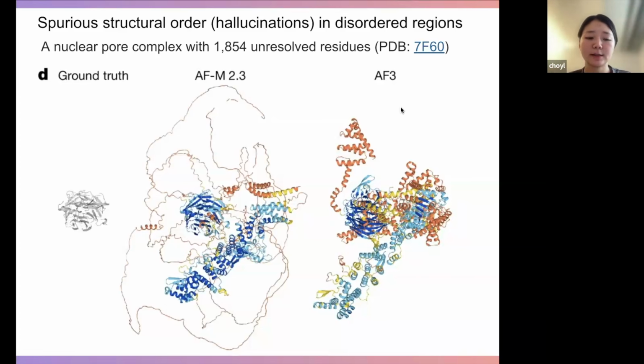But when you give exactly the same information, MSA and sequence, to AlphaFold 3, the whole sequence folds into a 3D structure with helical bundles and sheets instead of spaghetti. So people figured out that AlphaFold 3, which uses a diffusion model, mostly used so far for generative purposes, actually hallucinates more on disordered proteins compared to AlphaFold 2.